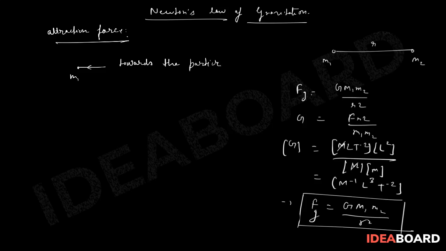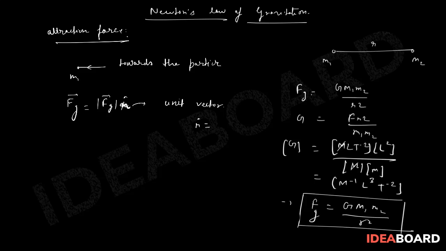So vectorially we can define Fg equals mod of Fg into n cap, where n cap is the unit vector. Instead of n cap we can write r cap, so r cap is the unit vector.